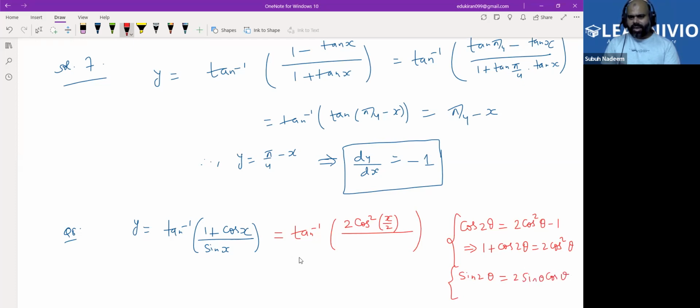Since here it is sin x, we'll say 2 sin x by 2 into cos x by 2. Now 2 will get cancelled and cos x by 2 will get cancelled. And we will have tan inverse of cos x by 2 by sin x by 2, which is cot x by 2.